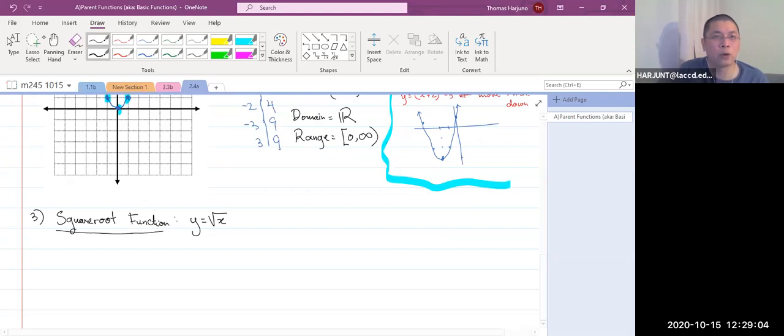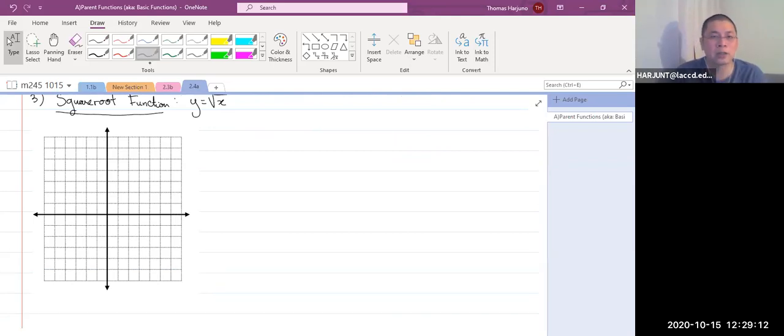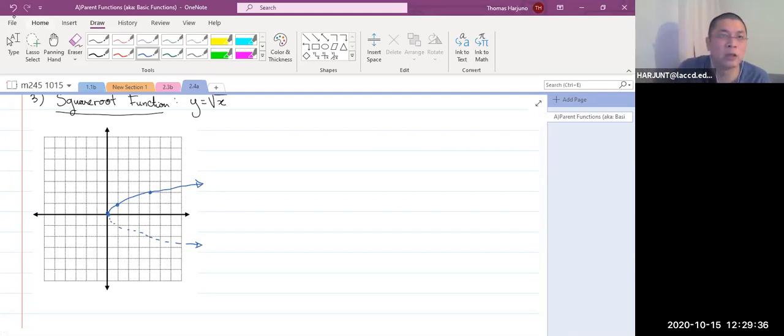The graph of the square root function is very similar to the graph of the square function, except that it is inverted and only one branch. So it's supposed to look like this if you don't require it to be a function. You see that it is an inverted square function, right? Now, because the square root function is a function, it must satisfy the vertical line test, right?